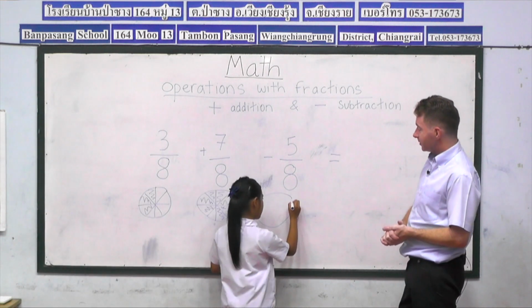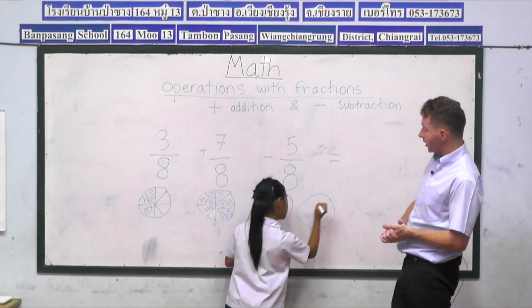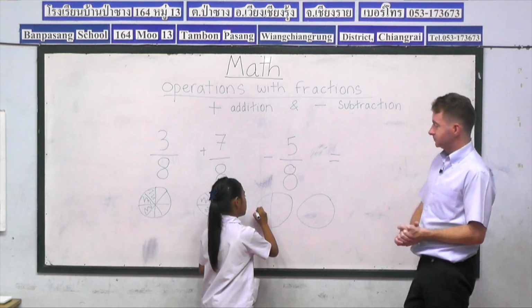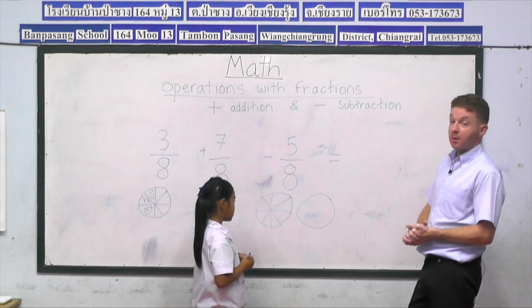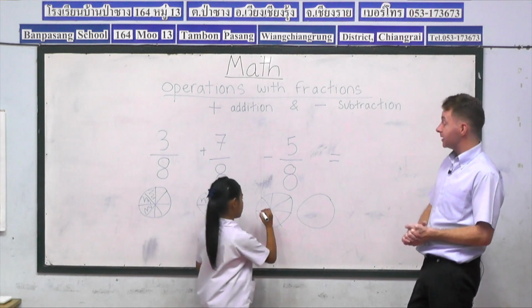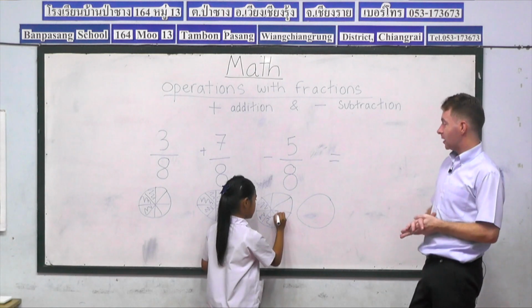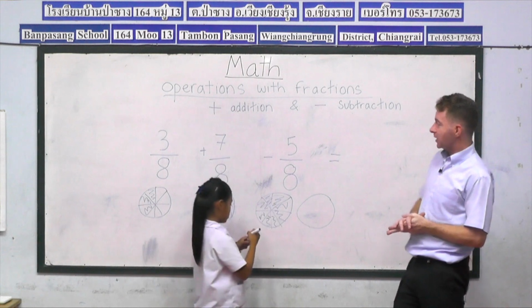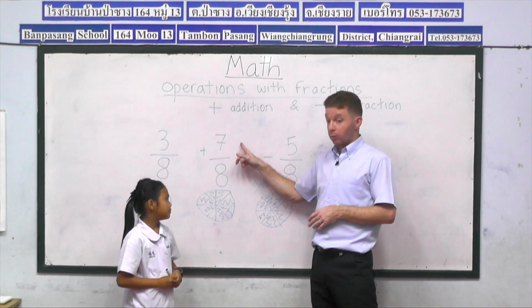So 2 circles we'll need in total. And the first circle divides into 8. Okay, and then we can colour all of this circle in blue because it's whole. We know this circle is a whole fraction.